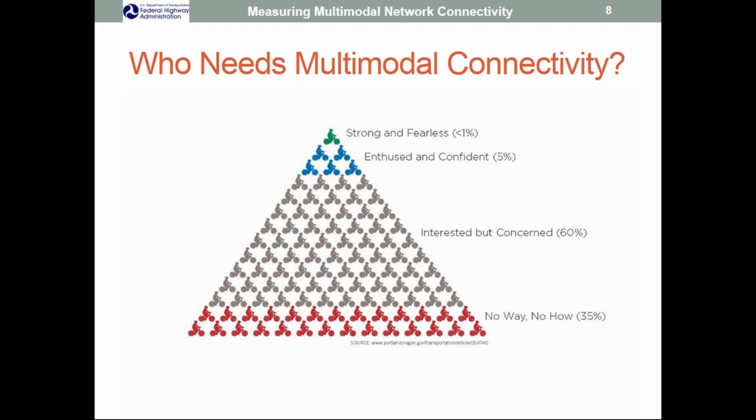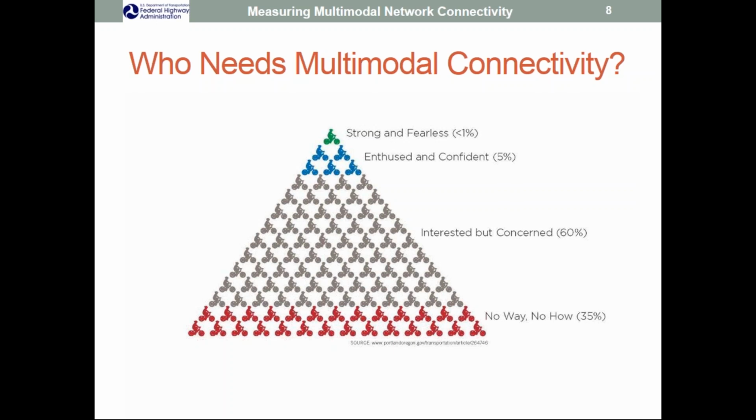And so we're really trying to make sure that that group of folks, that 60% in that gray area that are interested but concerned, move up into that enthused and confident group, right? And perhaps we can pull some of those folks from the no way, no how group up into the happier sector of enthused and confident folks.